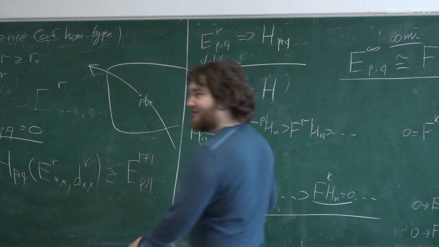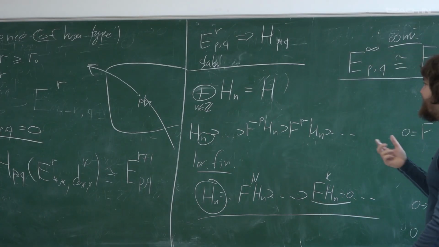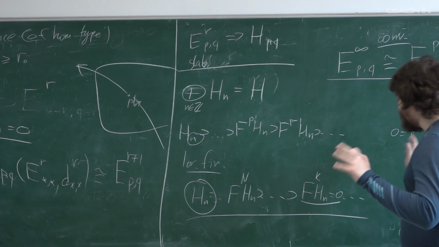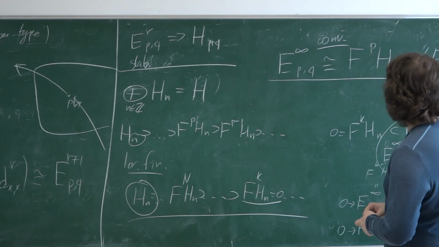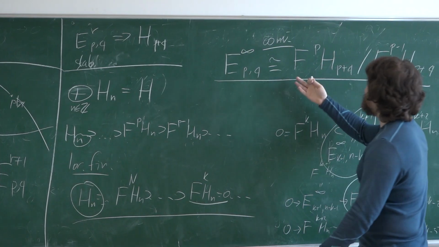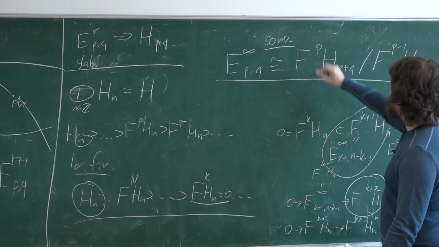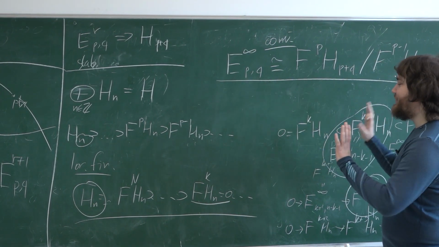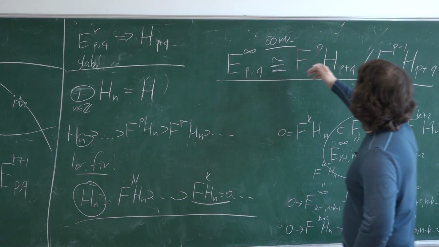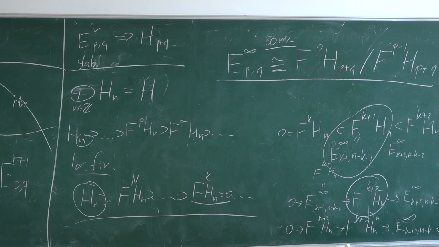And this is the infinity page. In each degree, after a finite number of steps, we can calculate it in principle. And then, if we say that it converges to something, it means that in fact we have some filtration on these modules, and we can hope that this isomorphism exists.